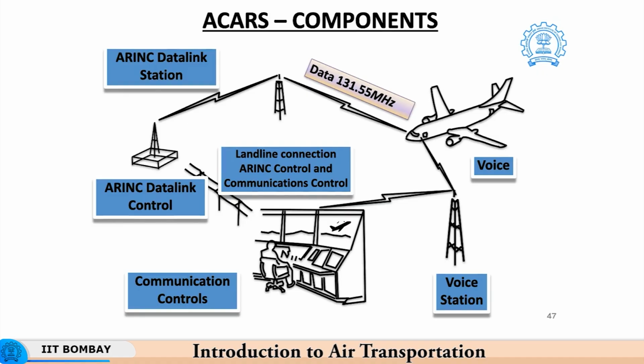This is a brief summary of the overall ACARS system. Firstly, there is an aircraft which is trying to communicate with the ground station. Then there are the transceivers, which basically are the transceivers for the data as well as the voice communication.